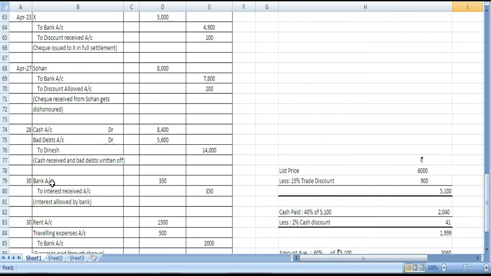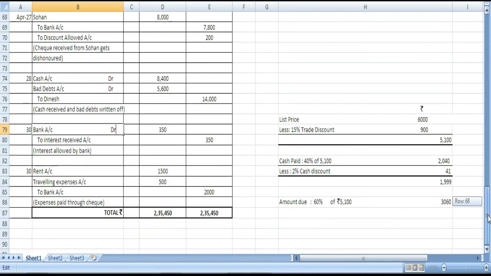Since the bank is allowing interest, we are receiving interest money in our bank. So, bank will be debited. To interest received. Interest received will be credited because this is our gain according to the nominal account. So, we will credit interest received, 350 interest allowed by bank.